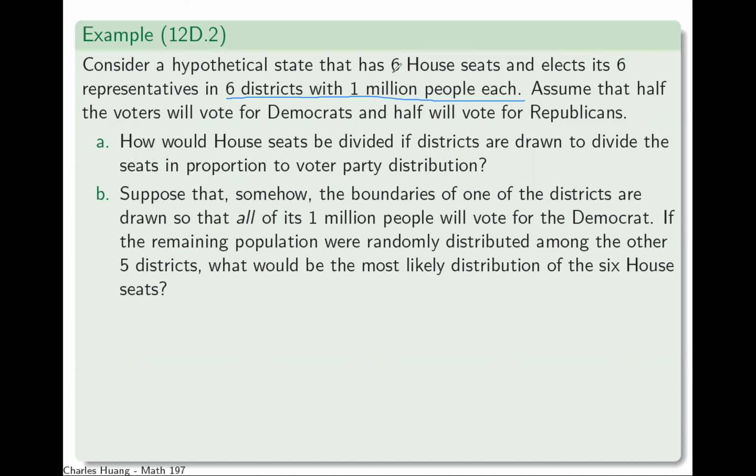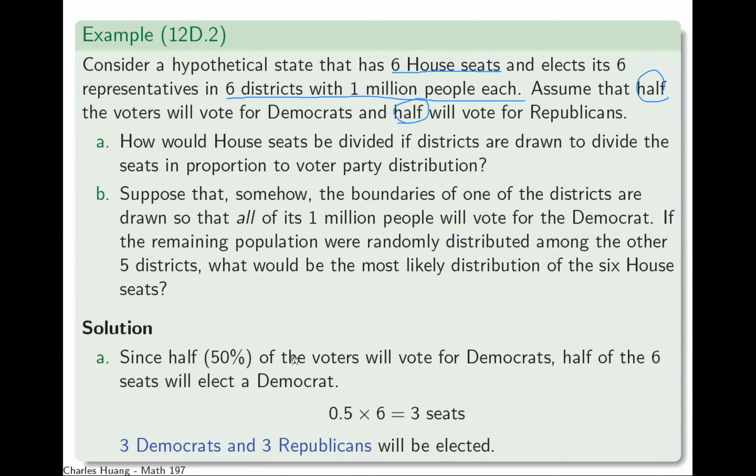If we have 6 seats and want to divide them proportionally, how many seats should each party get? Well, because half of the voters vote for one party and half vote for the other, we should have 50% times 6, which is 3 seats for each of the parties.